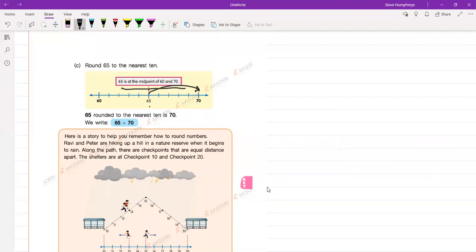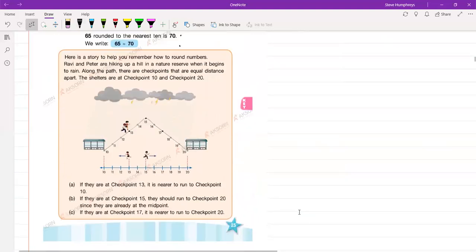Nearest multiple of 10 is 70. So 65 rounded to the nearest 10 is 70. We write 65 rounded to the nearest 10, you round it up to 70.